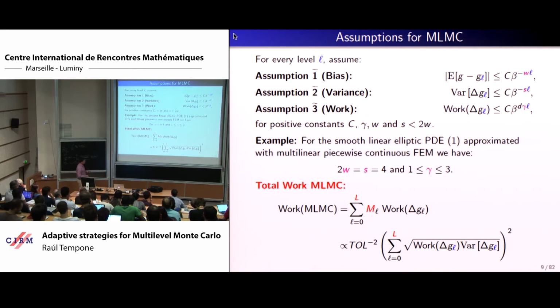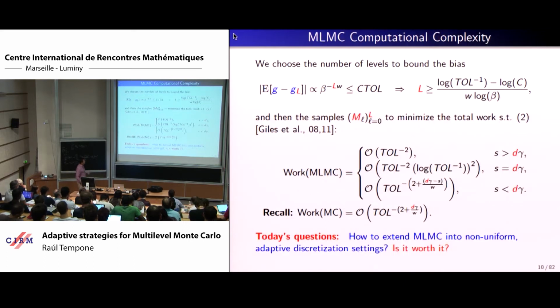Okay, so now that you see what is coming, let's see the result with these assumptions in mind. So capital L, as I told you, is determined by the bias constraint and essentially is linked to tol by a log factor, right?